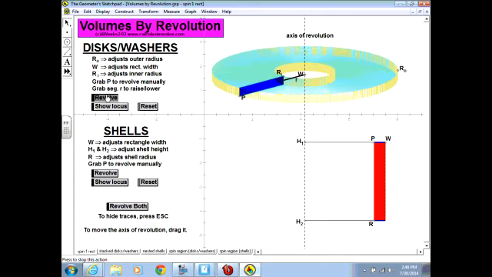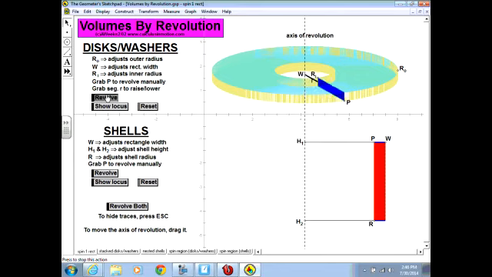Our washer is a circle with a circle cut out of it in the middle. When we find the area of our face, it is going to be the area of the big circle minus the area of the circle that's cut out. So we're going to have two radii to find.